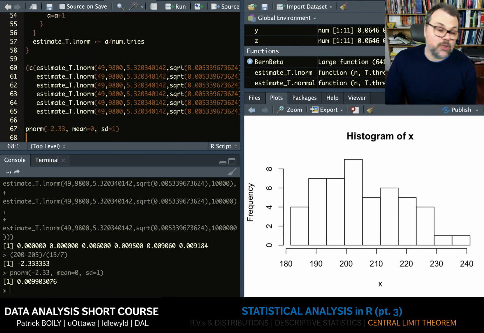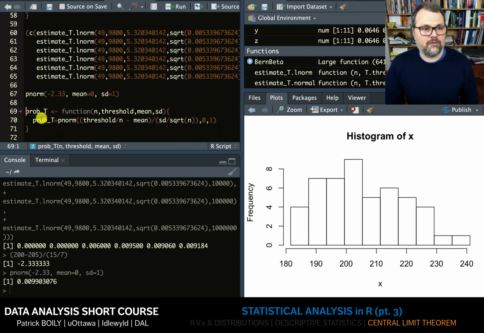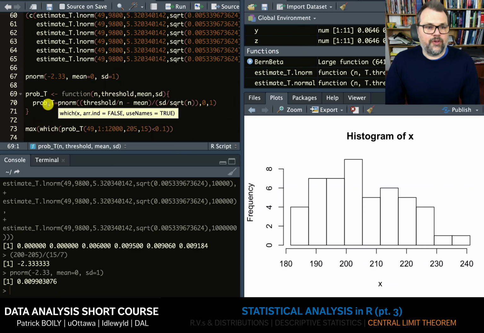Now you might be interested in asking questions such as, well, what would be the threshold required to reach a probability of success of 10%, 50%, 75%, given that the underlying population has a mean of 205 and a standard deviation of 15? I'm going to show you a bit of code that does it. Here you're looking for the threshold required for this cumulative probability to be below 10%.